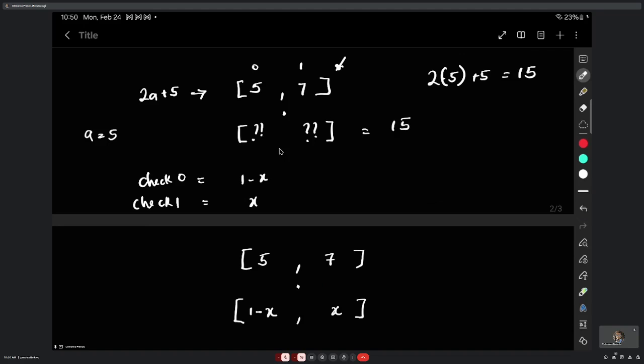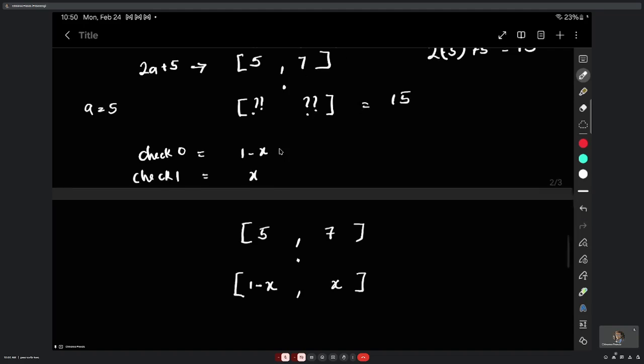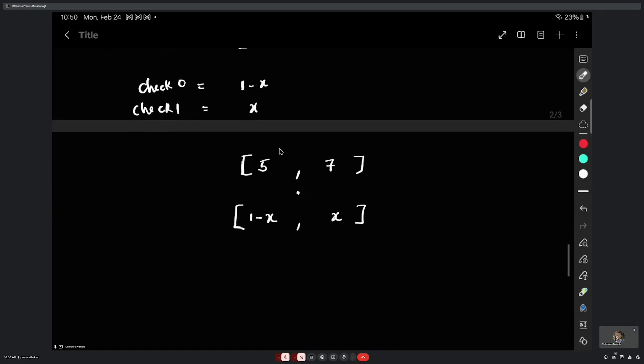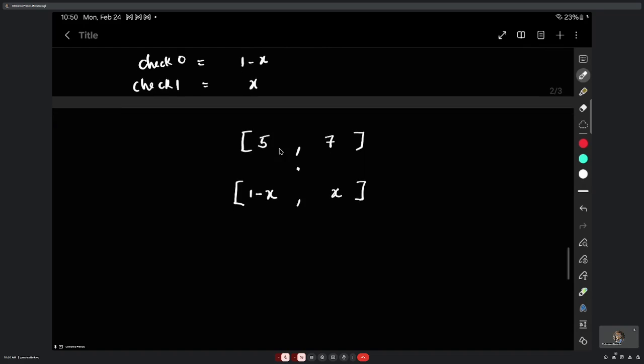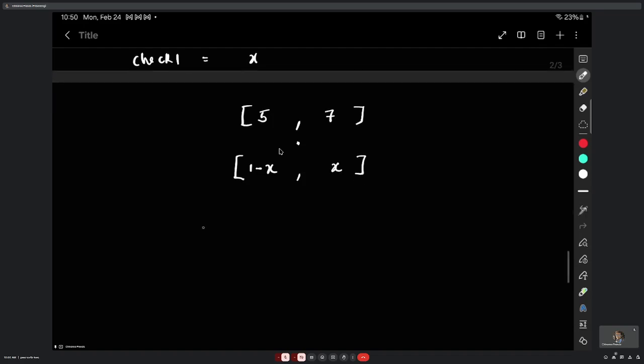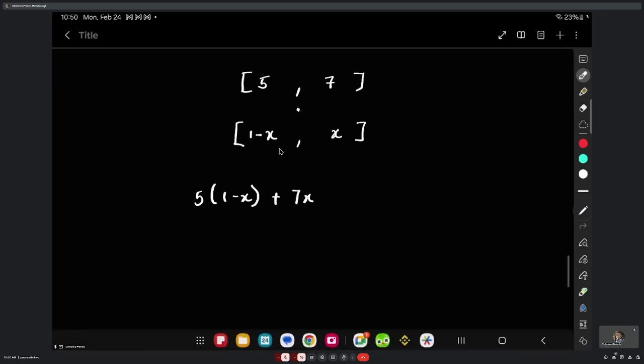Does it work? Yeah, it's almost similar, right? So let's actually expand this. This is 5 times (1 minus x) plus 7x, right?